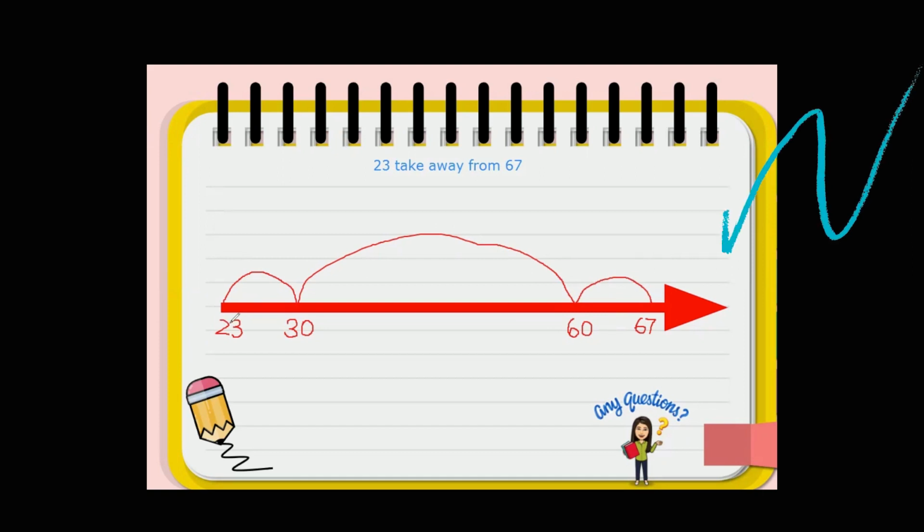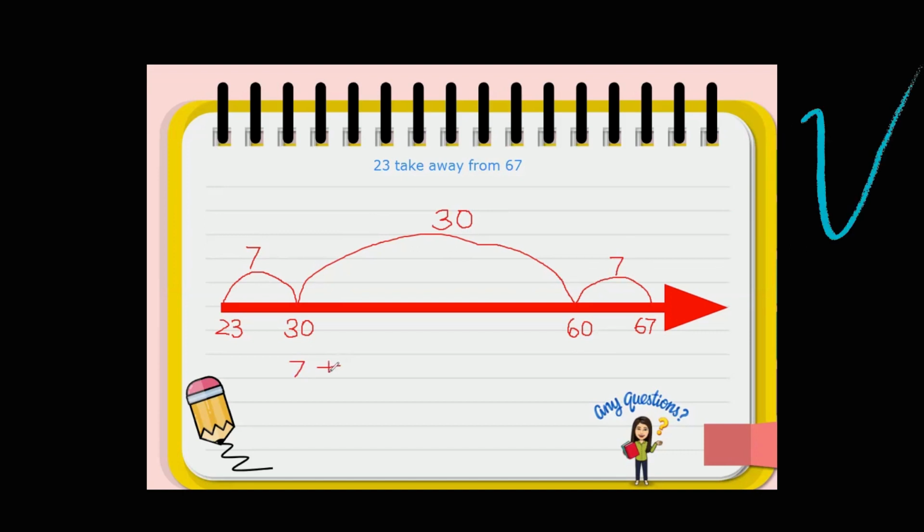From 23 to 30 we are jumping 7 numbers. From 30 to 60 we are jumping 30 numbers. Right? We know 10 more than and 10 less than. From 60 to 67 we are jumping 7 times. So now let's add all the numbers which we have written on top. That will help us get the answer.